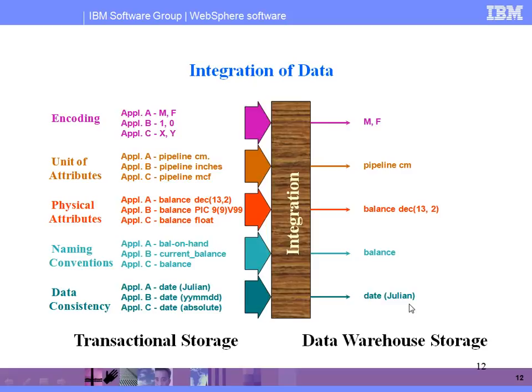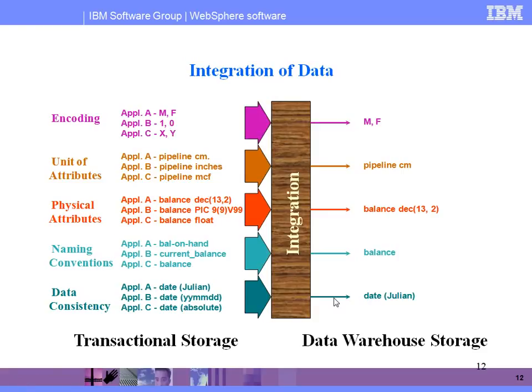Who will convert this? Is it an automatic process? No. These are the front-end or source systems data, and this is the warehouse data. In between we have the ETL process, using our ETL tool.